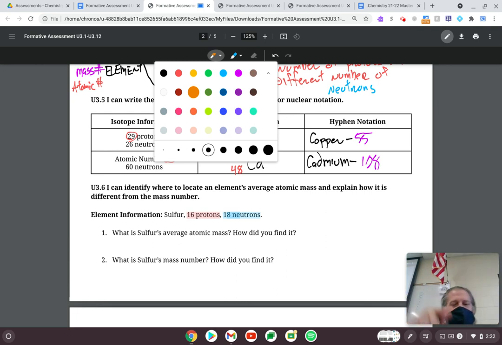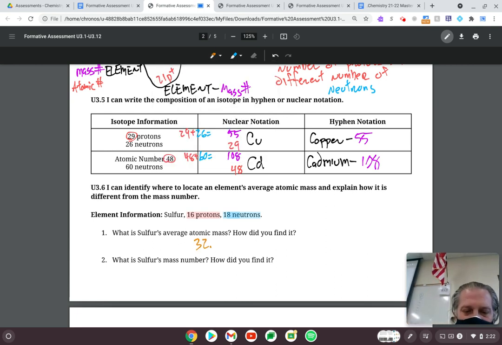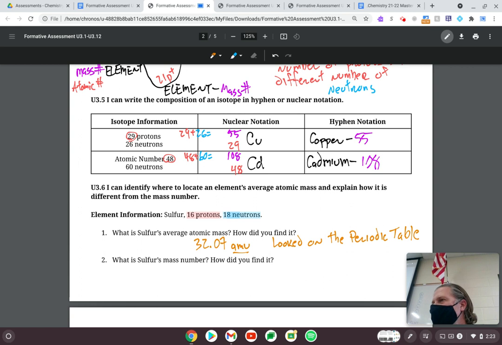That's average atomic mass is 32.07 AMU. And how did I find it? Looked on Jezebel, the periodic table. Note that I did write AMU. Please be in the habit of writing those things, even though it's technically not right there, but it's fine.